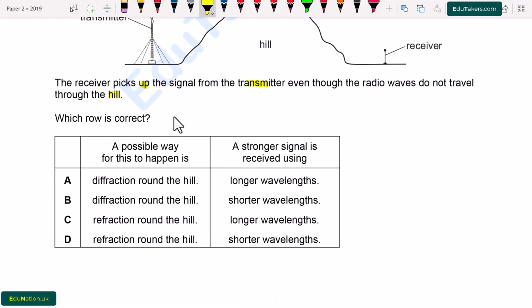A possible way for this to happen is that the strongest signal is received by option A, diffraction round the hill, longer wavelength. B, diffraction round the hill, shorter wavelength. C, refraction round the hill, longer wavelength. D, refraction round the hill, shorter wavelength.